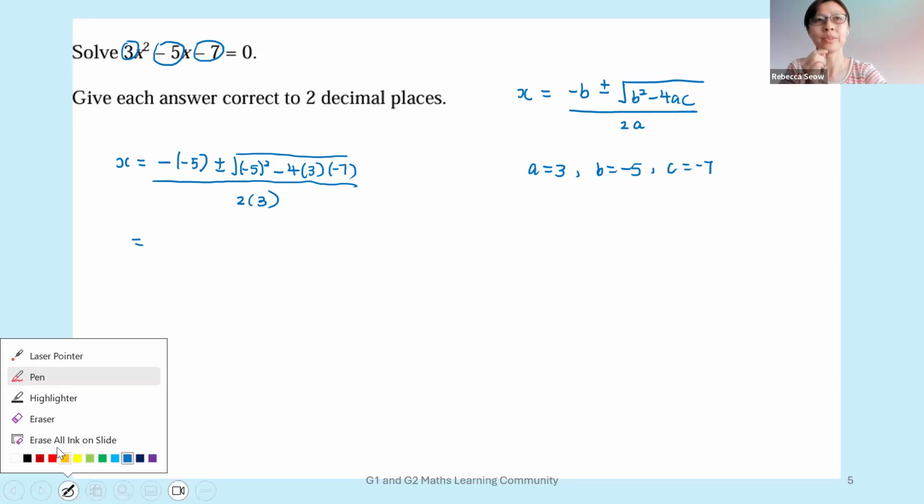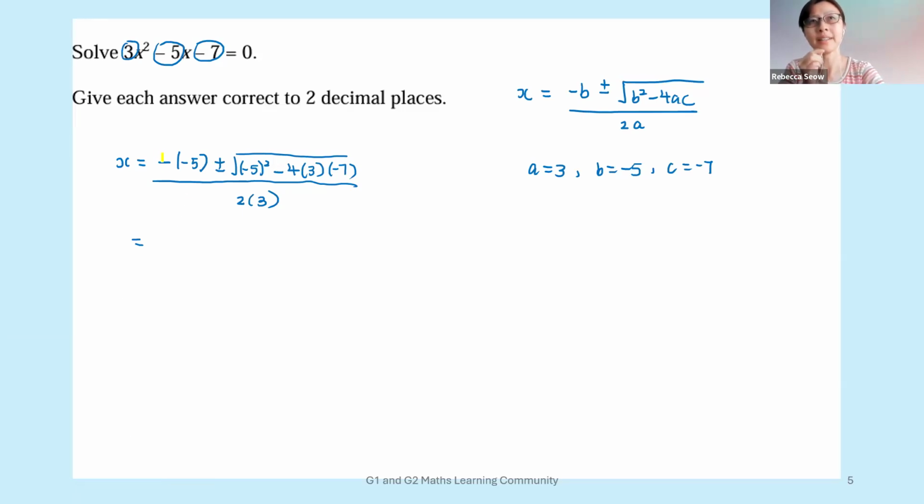Next, we will simplify. And let's take some time to simplify these portions here. Okay, where you see a lot of brackets and all, it's good to always simplify so we don't have such a complicated expression. So let's hit this into our calculator and we will end up with 5 plus minus.